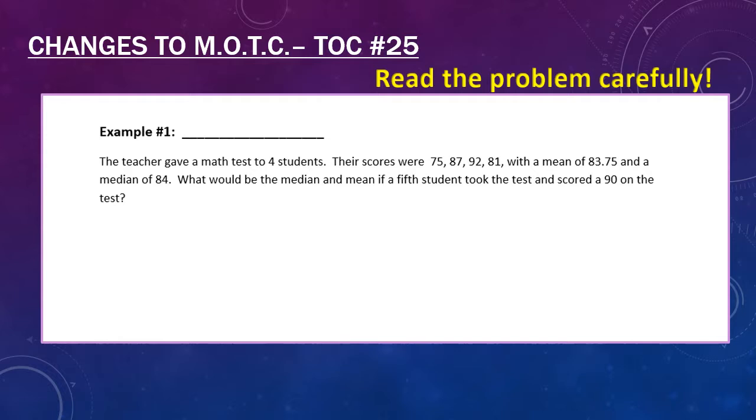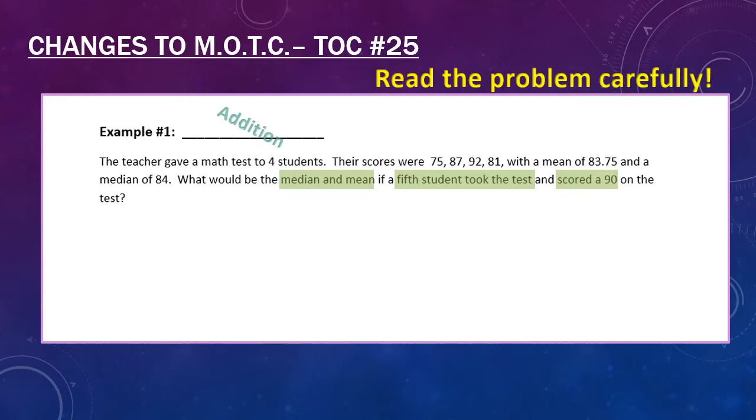What would be the median and mean if a 5th student took the test and scored a 90% on the test? So what they're asking me to do is find the new median and mean if a 5th student took the test. I had 4 students, now I'm going to have 5, and they want to know what would happen if I added a 90 in there.